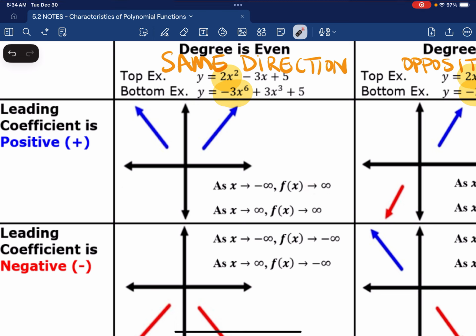So as my graph goes really far to the left, its height is going really high. Okay, that's what that says. Now as our x value is approaching positive infinity, our function value, our f of x, is also approaching positive infinity. So both sides of our function are going up forever. They're both approaching positive infinity.